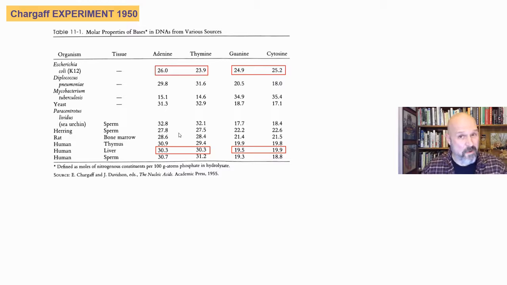What he found was that adenines and thymines were often in very similar proportions in an organism. And that went for guanine and cytosine as well. Not only that, but it was also species specific.